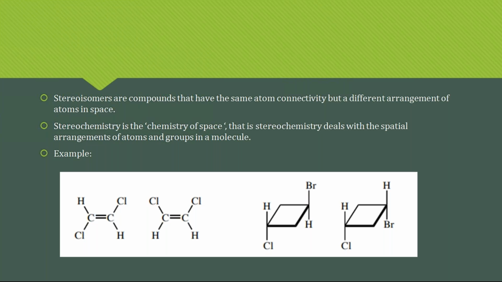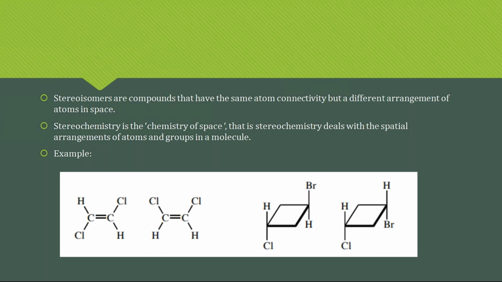Yes, can anyone name it? Can you try? 3-bromo-1-chlorobutane. Why are you giving 3 to bromo? Because of the nomenclature. Why can't you give 1-bromo, 3-chloro?